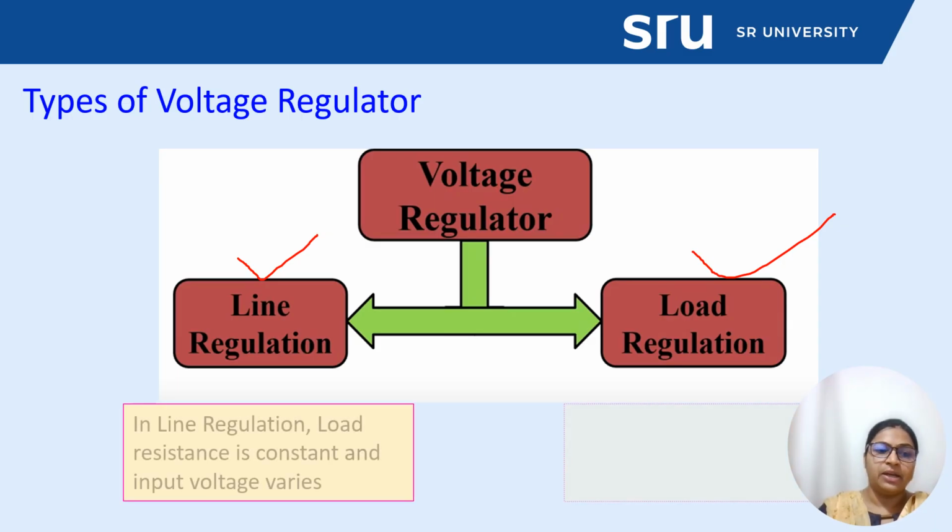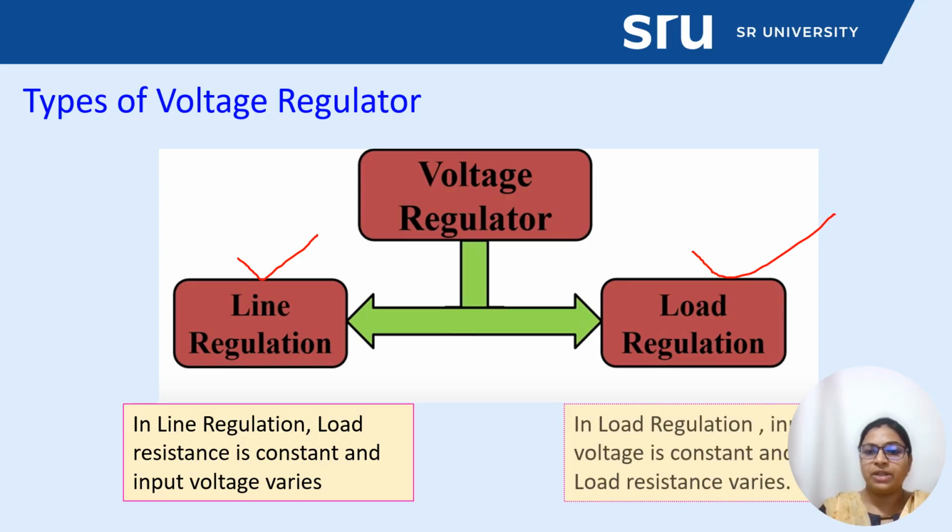In line regulation, the load resistance is constant and the input voltage varies. In load regulation, the input voltage is constant and the load resistance varies. So now let's look at how we connect the circuit in line regulation and load regulation.